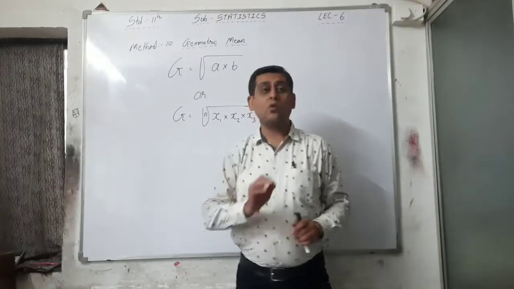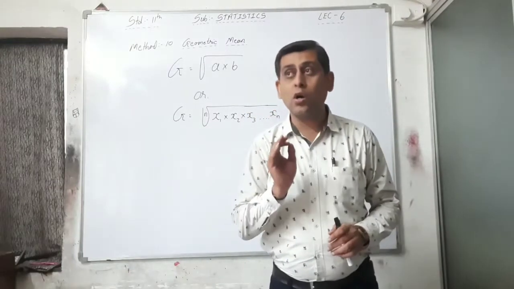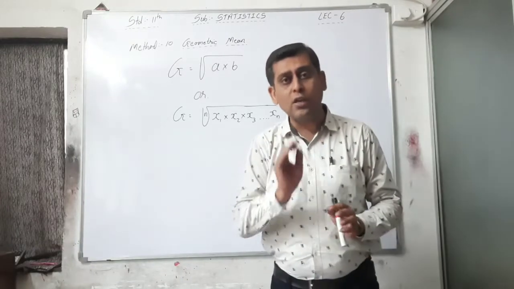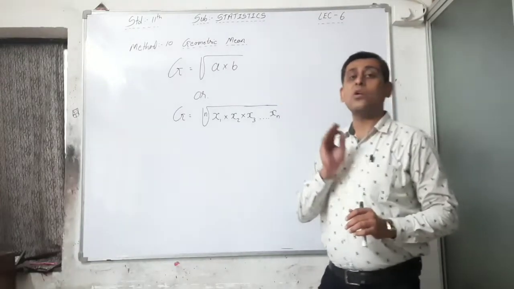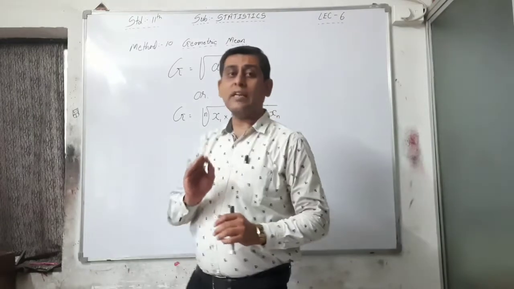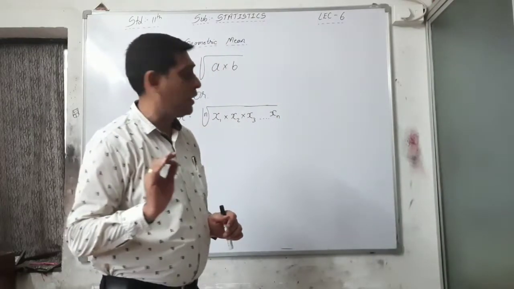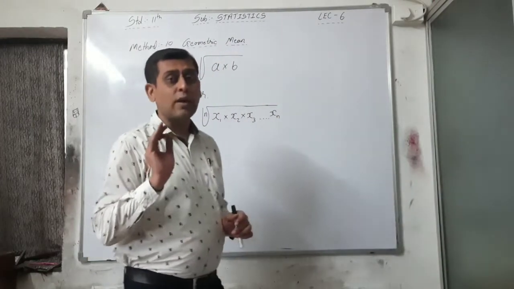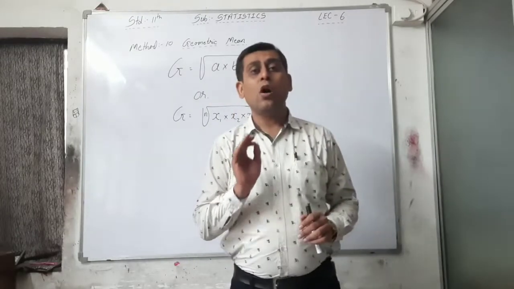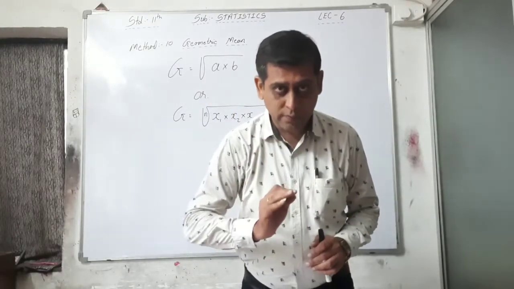You cannot find the square root or cube root or fifth root or any root of a negative amount, because it is not possible in mathematics, right?